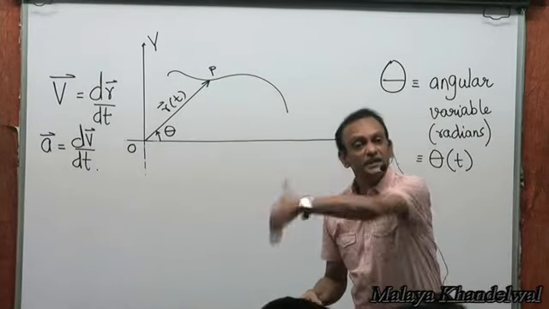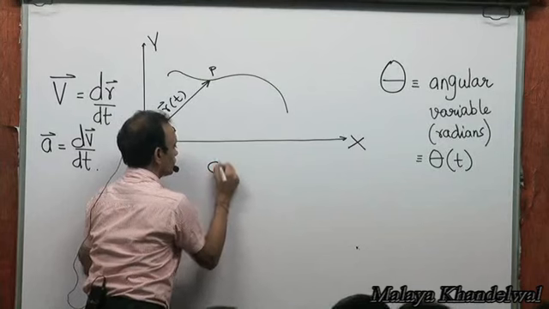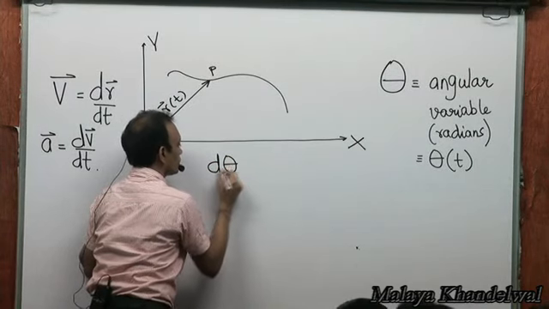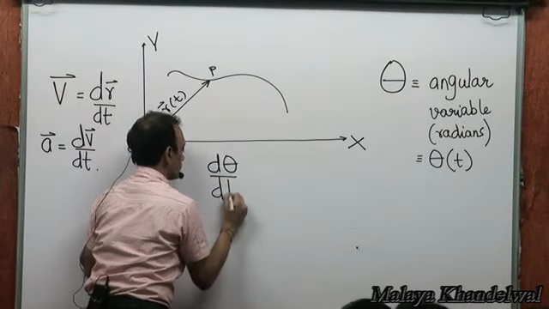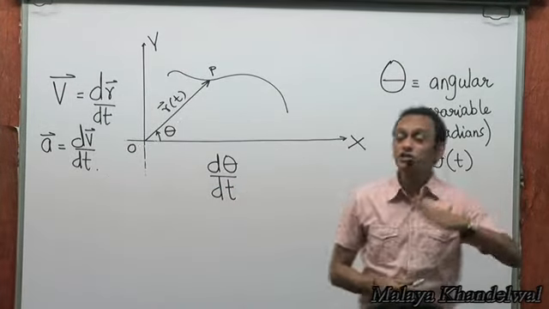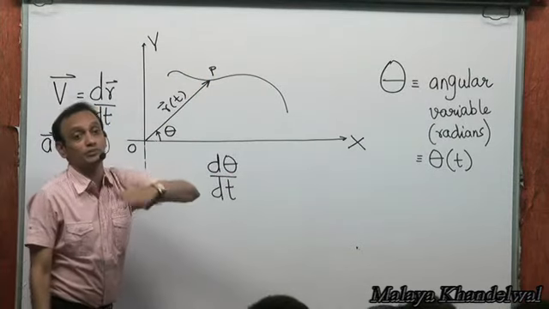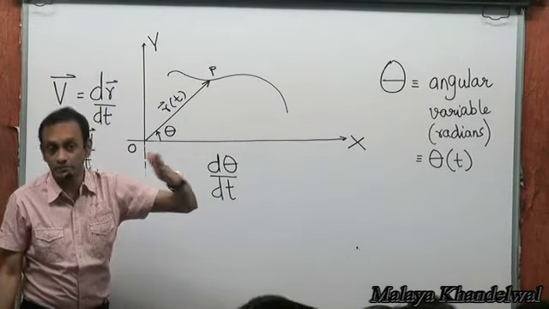There is a rate at which this theta changes with time, which will measure the rapidity with which the orientation of this position vector changes with time. Yes or no?